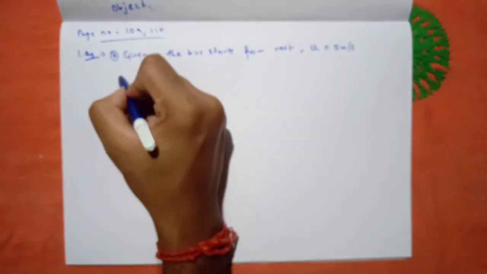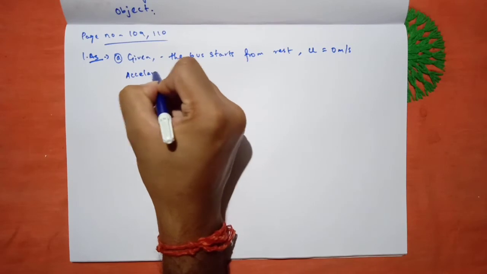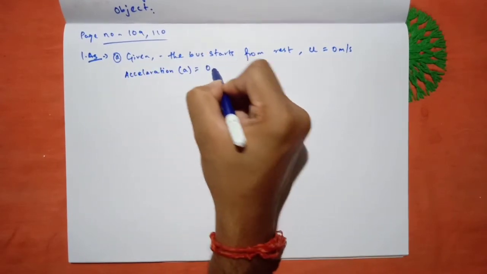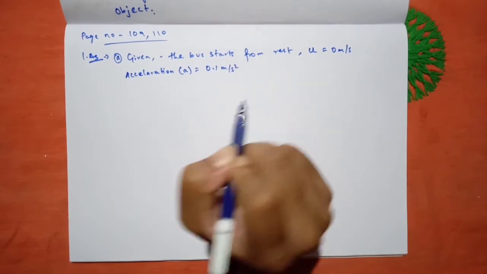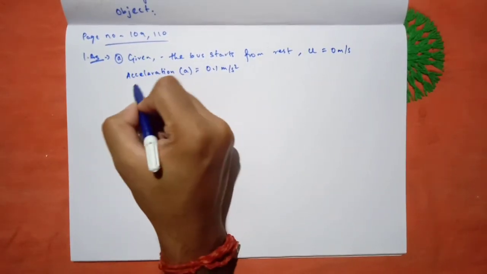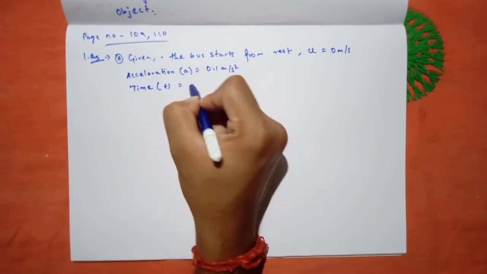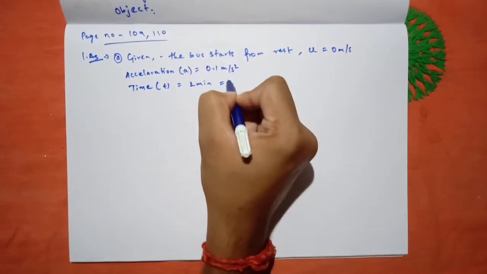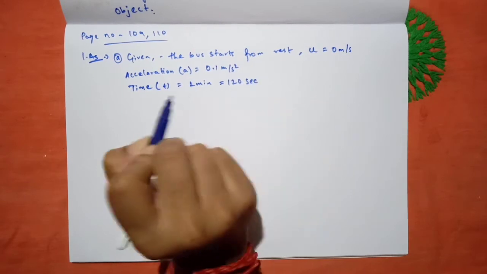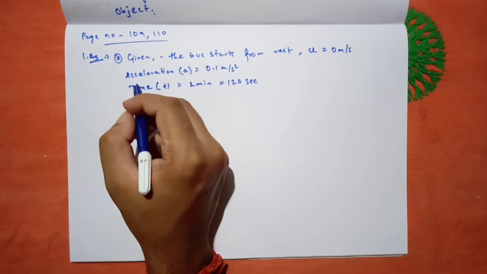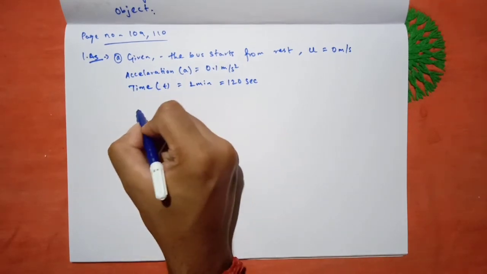Then given is acceleration a, which is equal to 0.1 meter per second square. Now time is given, t is equal to 2 minutes, which is equal to 120 seconds. Now acceleration is given by the equation.